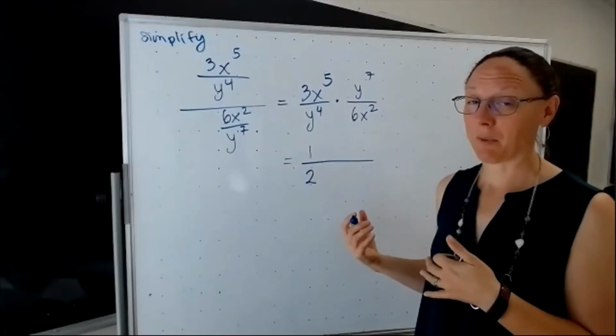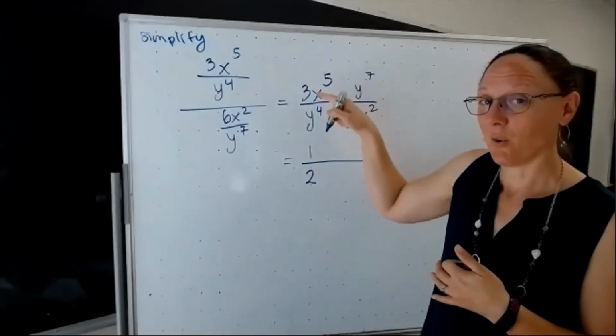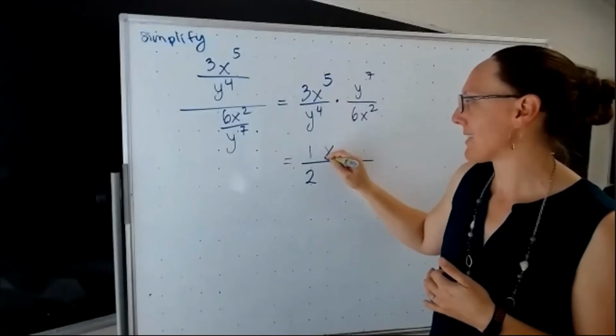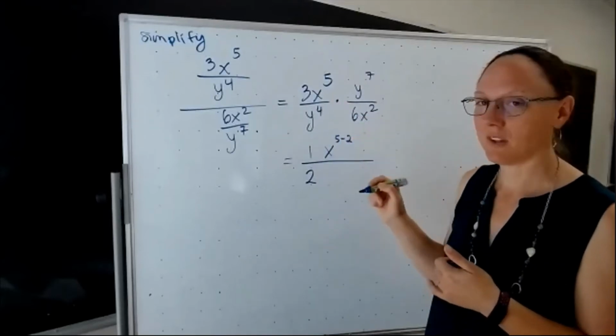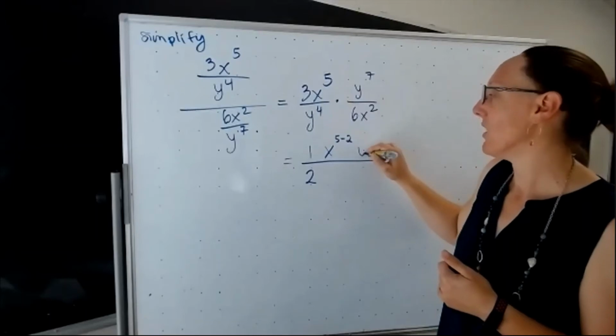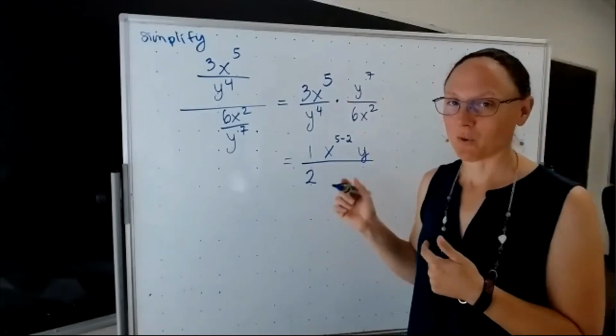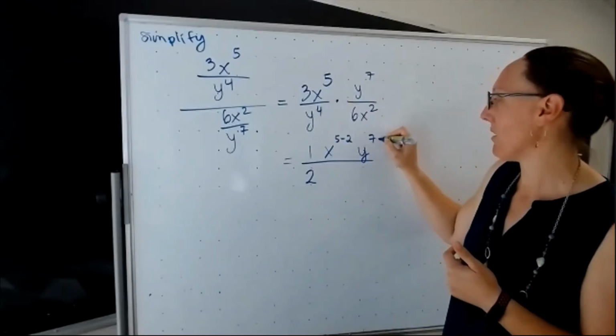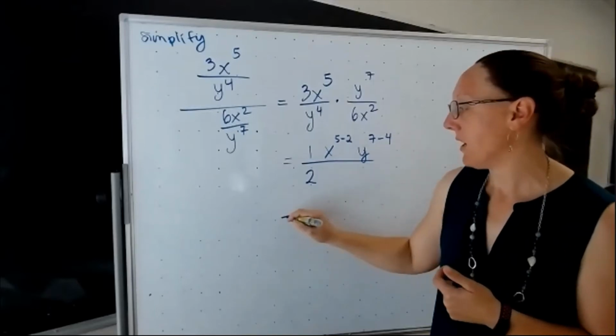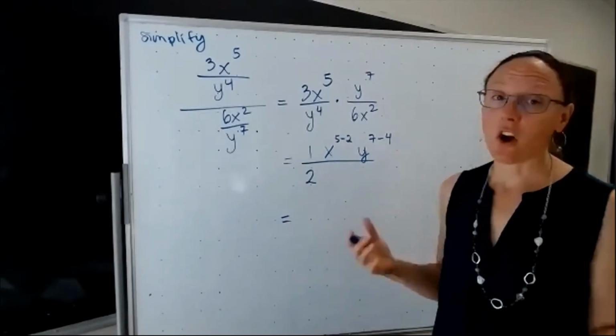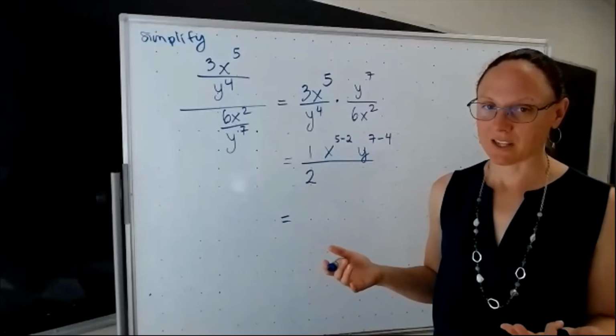Then I can move on to think about my x's. So I'm looking at x to the 5 minus 2. And then my y's, using that law of exponents, y to the 7 minus 4. Well, if I clean that up, there are a couple of different ways that we can express this.